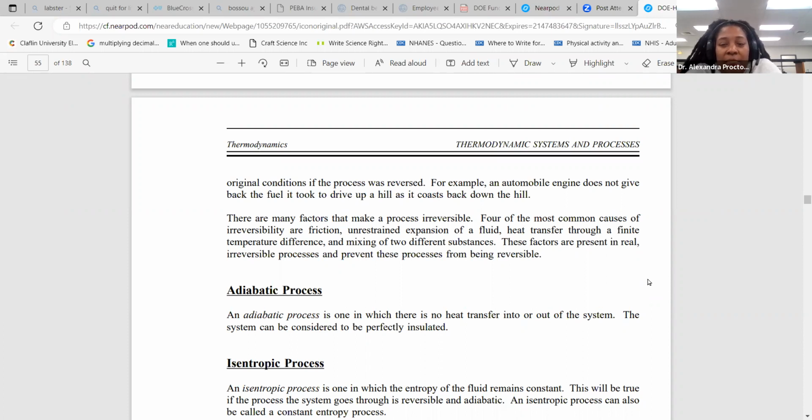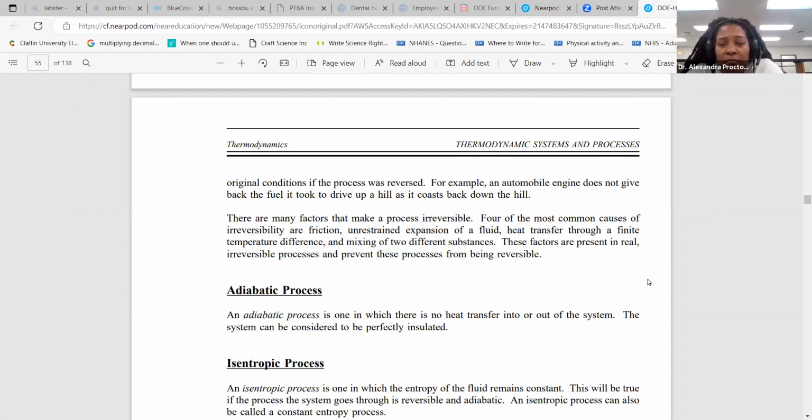Four of the most common causes of irreversibility are friction, unrestrained expansion of a fluid, heat transfer through a finite temperature difference, and mixing of different substances. That happens in cars, in refrigeration, and in the freon that you use to cool your home.